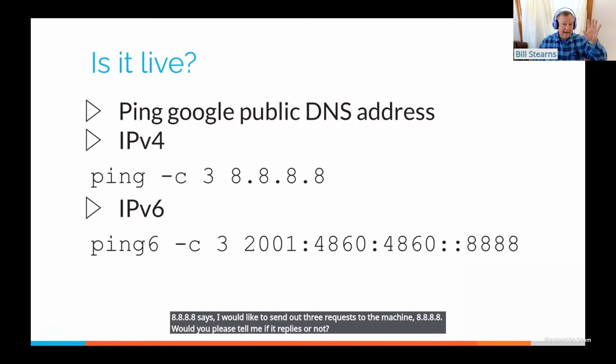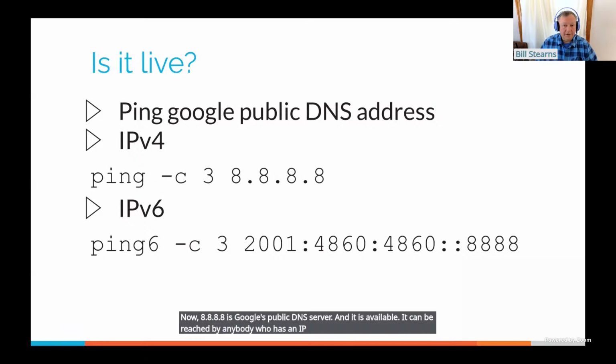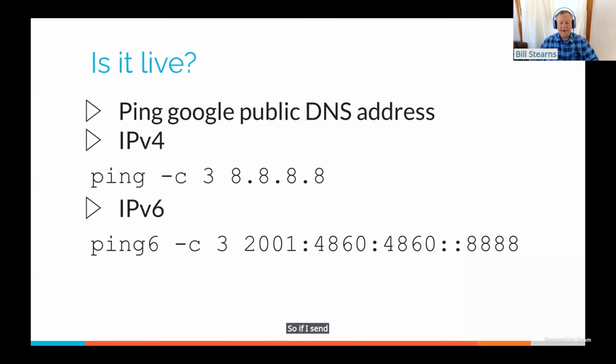Now, 8.8.8.8 is Google's public DNS server, and it can be reached by anybody who has an IPv4 address and an internet connection. So if I send off 3 requests and I get 1, 2, or 3 responses back, I know that I have an internet connection because otherwise I would get no reply at all.